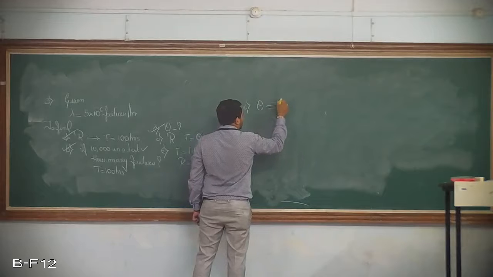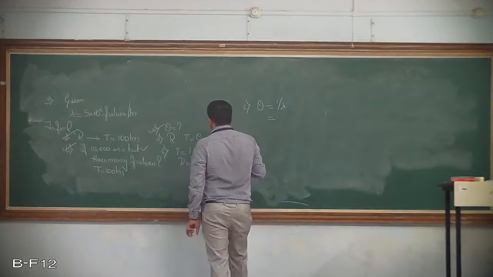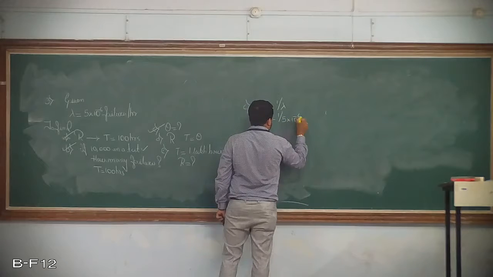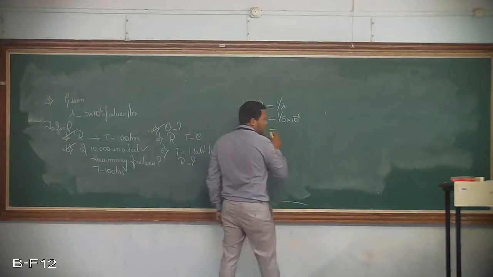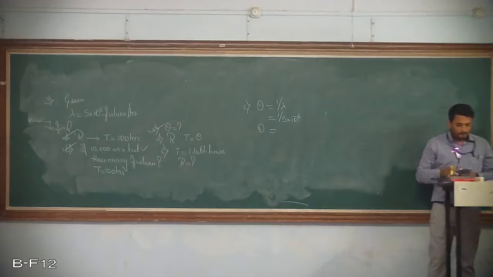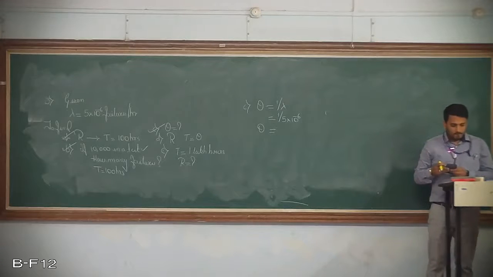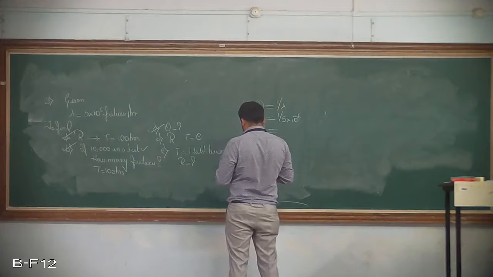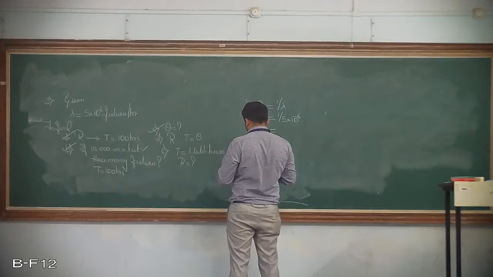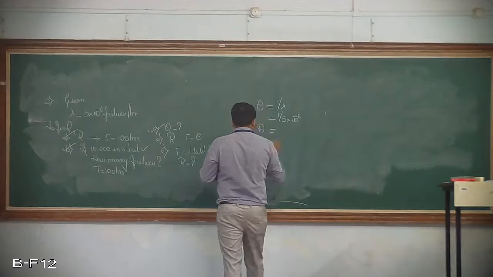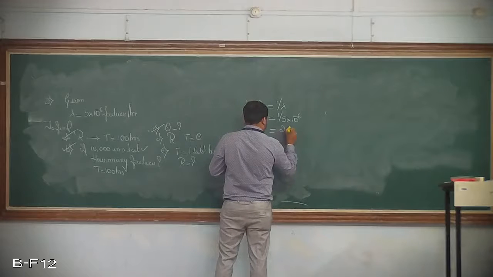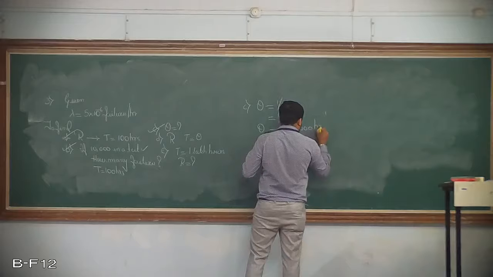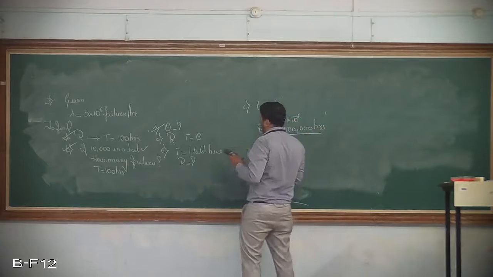We know that it is 1 by lambda, that is 1 by 5 into 10 raised to minus 6. It will come as 2 lakh hours.